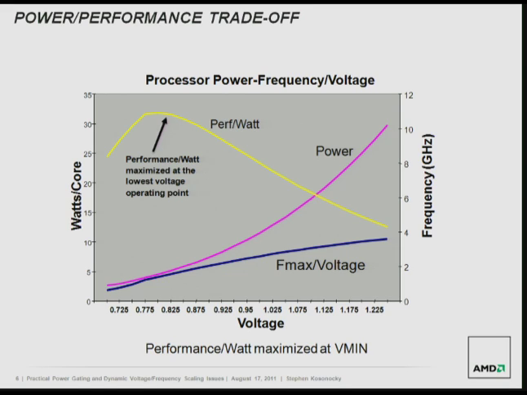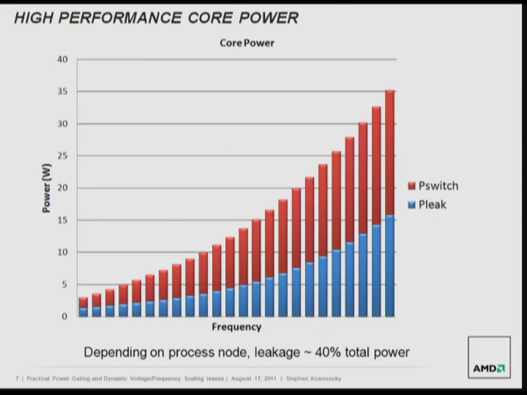And we don't want to stay at that highest voltage for too long. So if you look at the performance per watt, it's really maximized at Vmin, and we want to get down there as fast as possible and stay there and stay as close to that point when we don't need the peak performance. So that's some of our motivation here for scaling voltages.